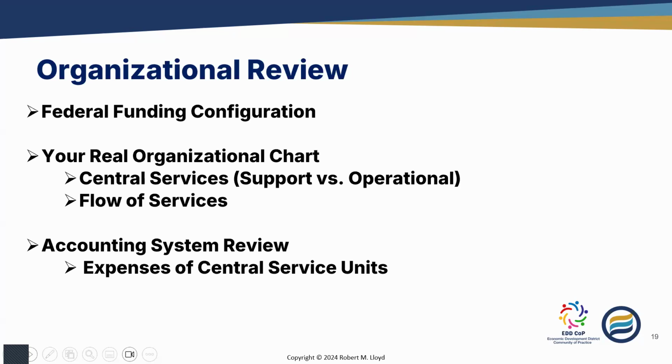Accounting system review. How do we establish what the expenses are to those central service units? So this is not necessarily all that complex with an organization that may be the size that your organization is.